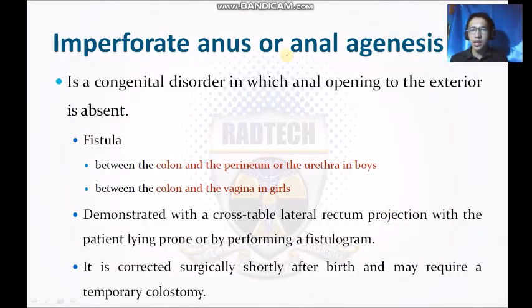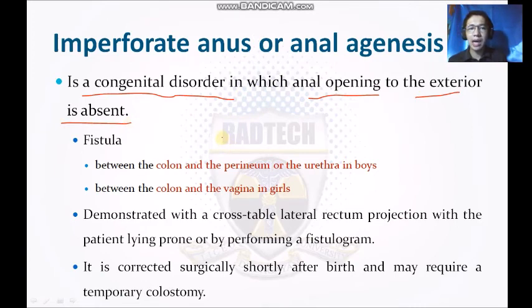Okay, so next, almost similar lang gihapon siya nga pathology, imperforate anus or anal agenesis, in which absent gihapon ang absent ang iyahang opening, diba? There is an abnormal closure of the opening. Okay, so imperforate anus or anal agenesis is a congenital disorder in which the anal opening to the exterior is absent.